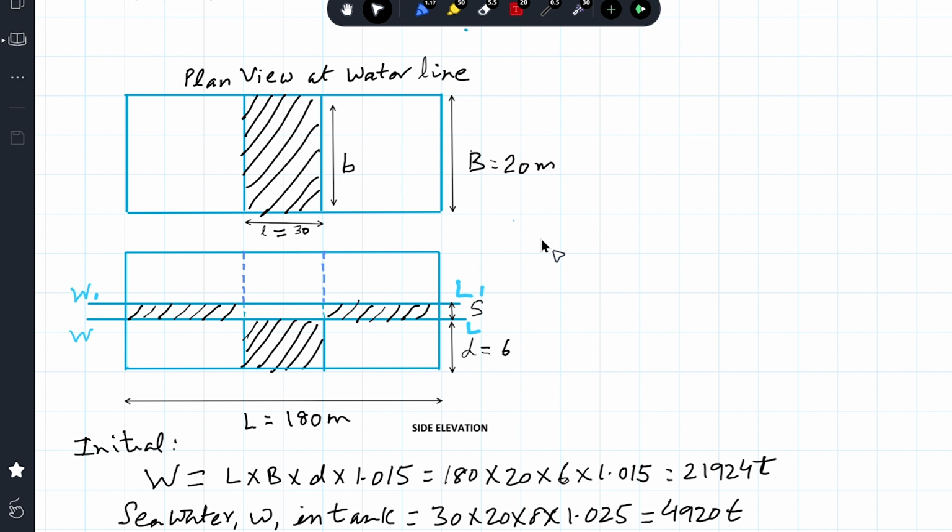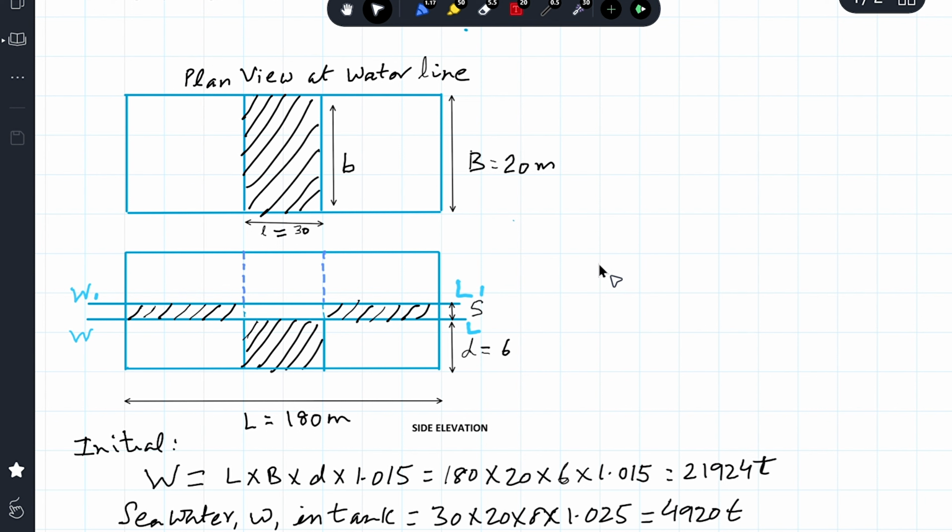So it becomes open to the sea. That means the salt water which we had initially in the tank will be discharged, and this will cause a mean rise because the displacement will become less. The weight of the liquid in the tank will be discharged.